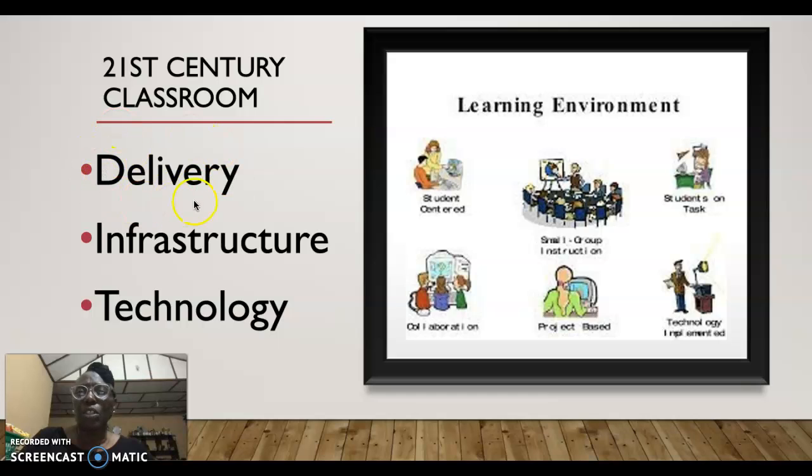Okay, so in terms of the 21st century classroom, we're talking about the delivery, the infrastructure, and the technology. In terms of delivery, it must be student-centered. There's a lot of collaboration. It's project-based. You want to transform the infrastructure, even if there are no chairs, even if there is nothing.